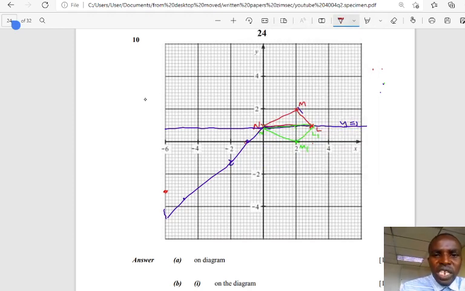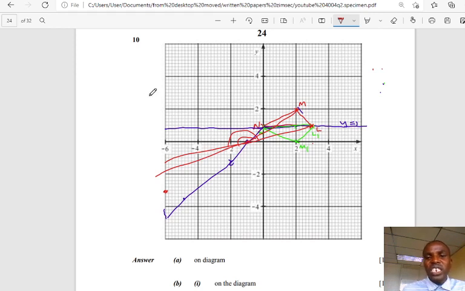Center is (-1, 0). Please take note. So it's supposed to be somewhere here. Then measure the distance. This one is 180 degrees. Then also this C is through this center of rotation. It's somewhere there. So the angle must also be 180 degrees. Then you measure the distance from the center to C, then from the center to the image of C. The distance must be the same. Please take note of that.